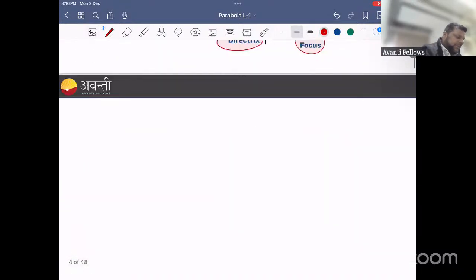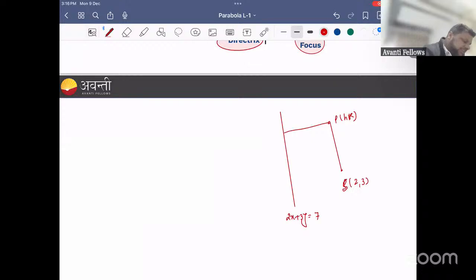Am I clear? Now let us assume this is a line, say 2x plus 3y equals 7. And then there is a point, say (2, 3), a point which is not on the line. Now there is a point P(h, k) which is moving in such a way that its distance from this fixed point, PS, is equal to its distance from this fixed line, PM.